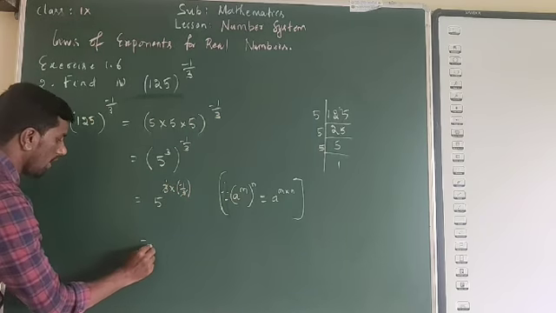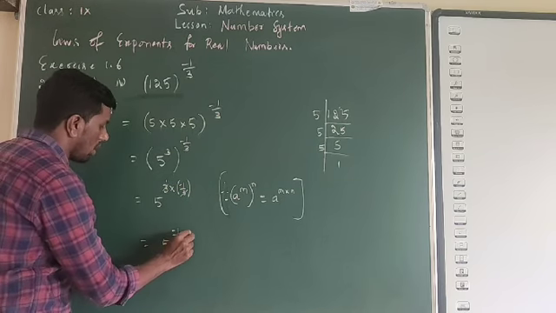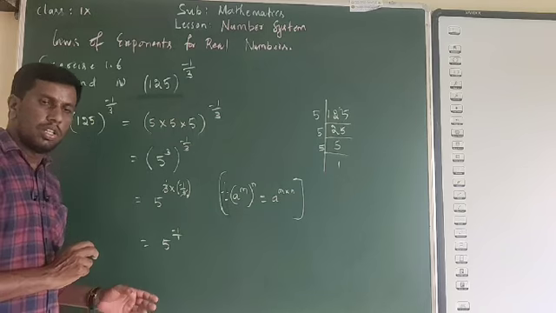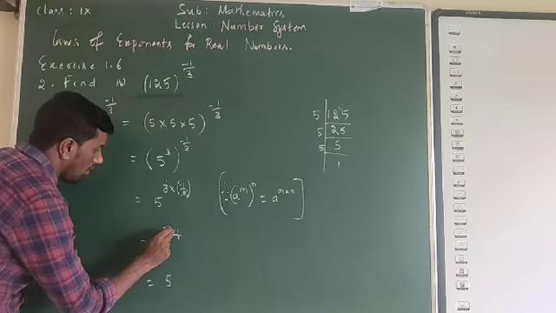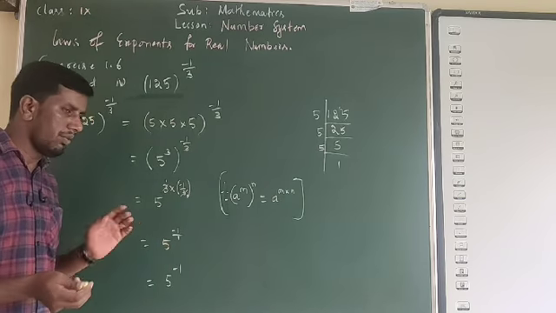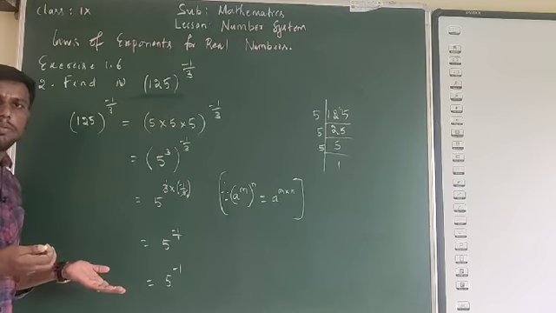Okay. So 5 to the power of 1 into minus 1 divided by 1, because in the denominator we have 1 in the power. If you divide minus 1 by 1, it is minus 1 only. If you divide anything by 1, you will get the same number: 3 divided by 1 is 3, 4 divided by 1 is 4.